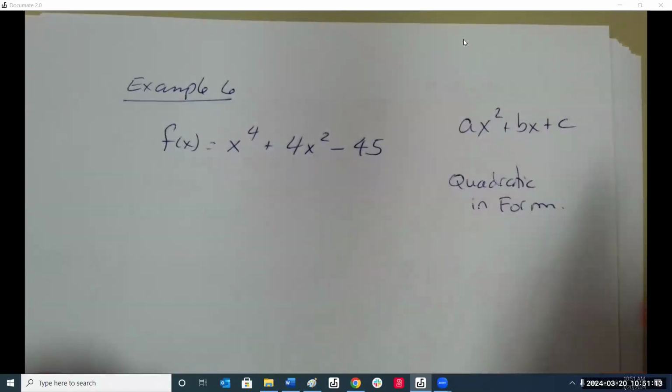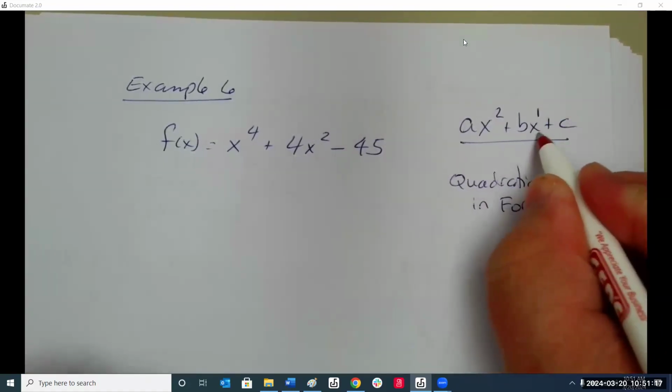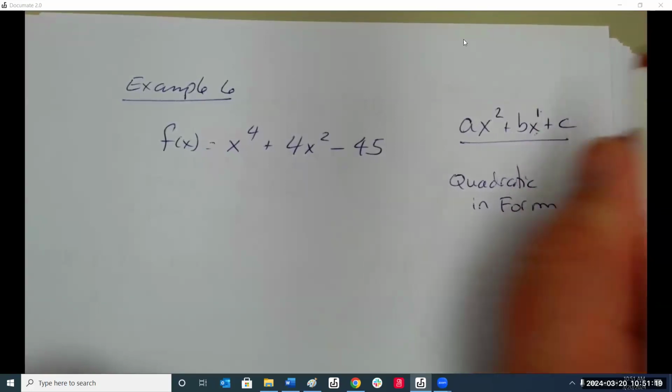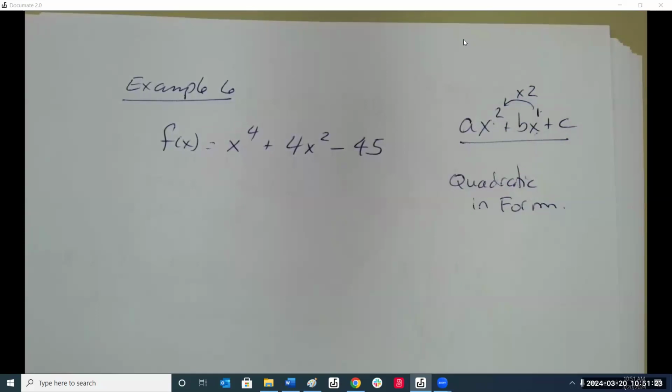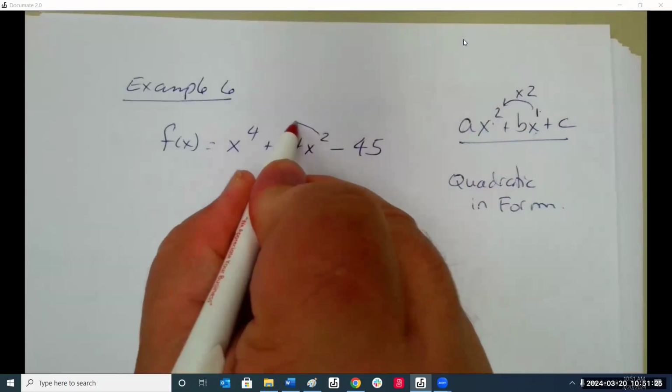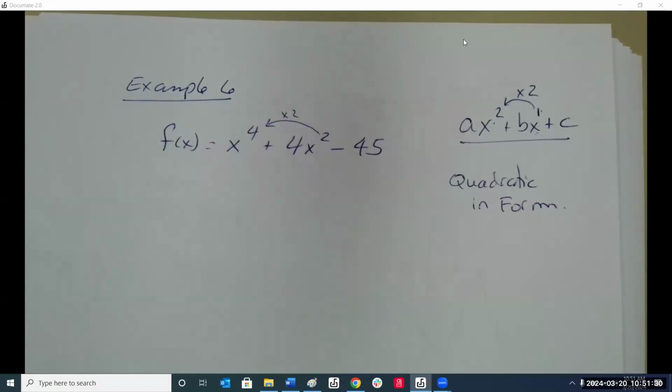How do we know? Look at the quadratic equation. The power of the middle one is 1, right? If we double it, we get the first one. If we take the middle times 2, do we get a 4? Yes. Because of that, it's quadratic in form.